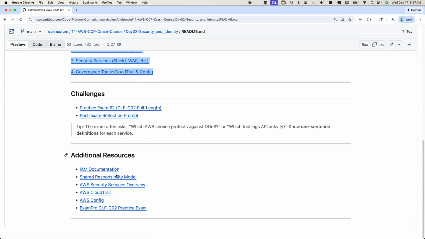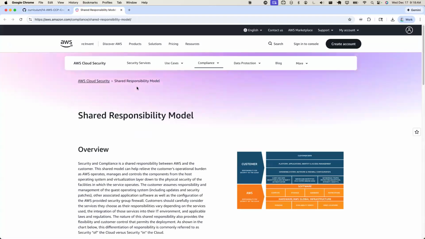We also have a bunch of links to official AWS documentation. I do recommend looking at some of this. For instance, the shared responsibility model. This is like a big concept, right? And the big concepts show up a lot, and getting used to the jargon is important.